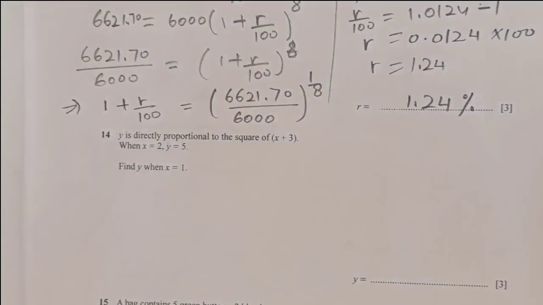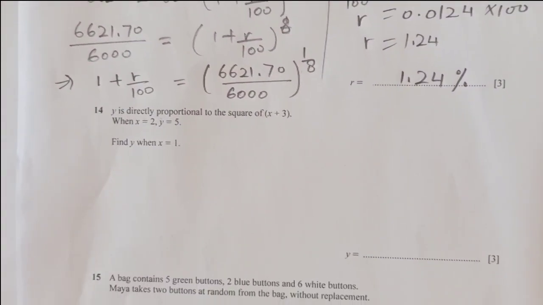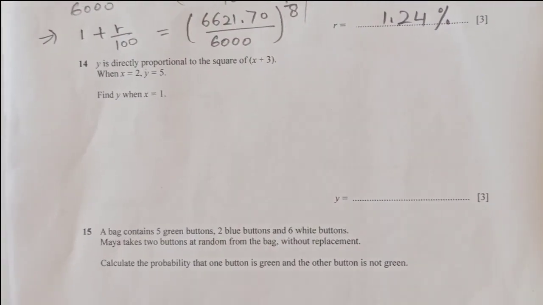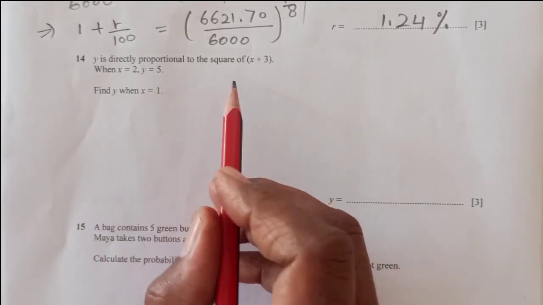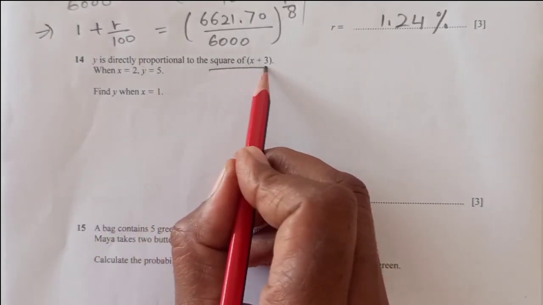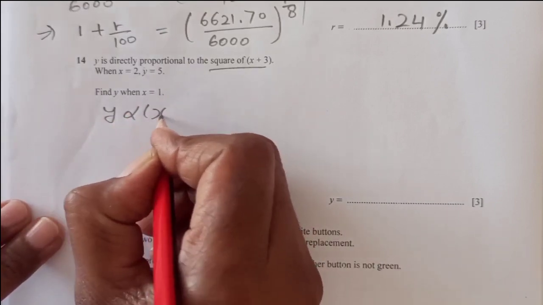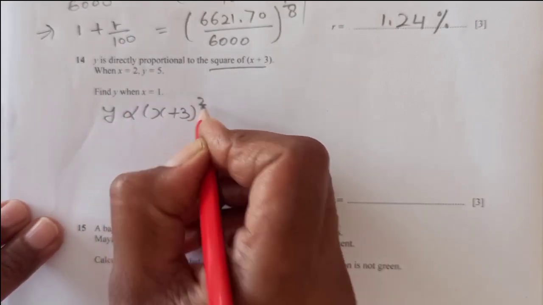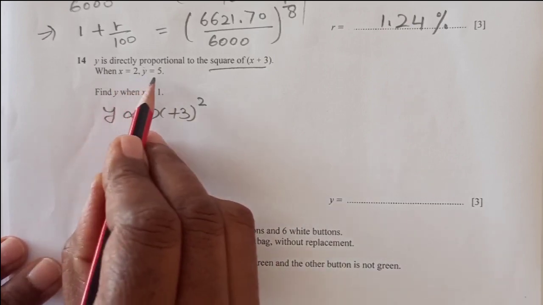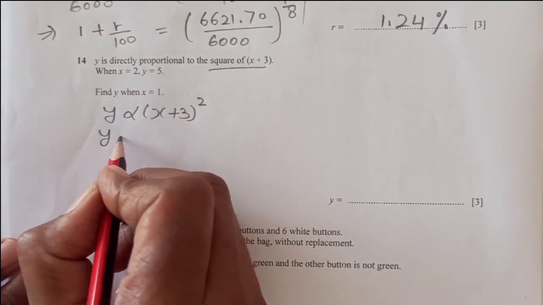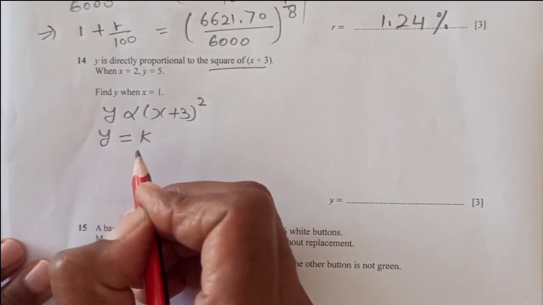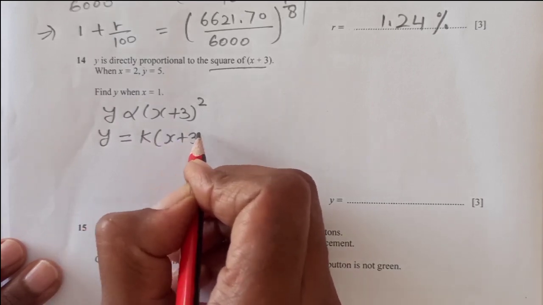Now number 14, y is directly proportional to square of x plus 3. So y is directly proportional to square of (x plus 3), like this, right? When x is 2, y is 5. So to remove the proportionality sign, we will put the constant k: y equals k times (x plus 3) power 2.